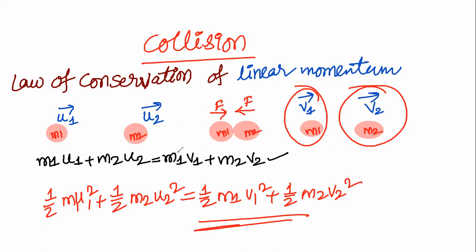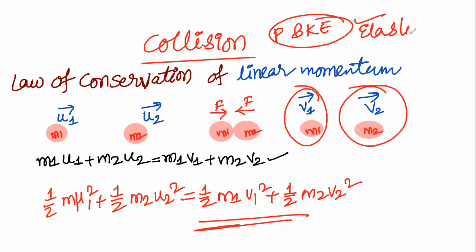What is an elastic collision? If the momentum and the kinetic energy remain the same before and after collision, the type of collision is called an elastic collision.